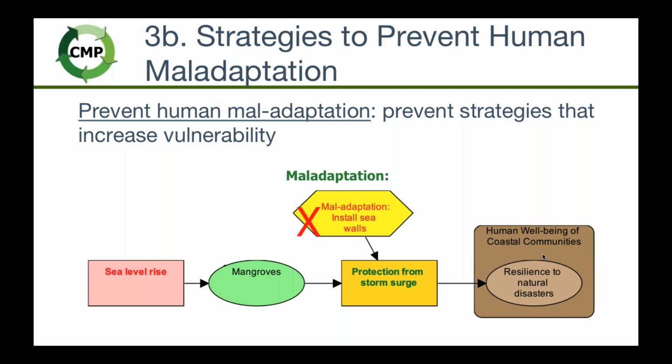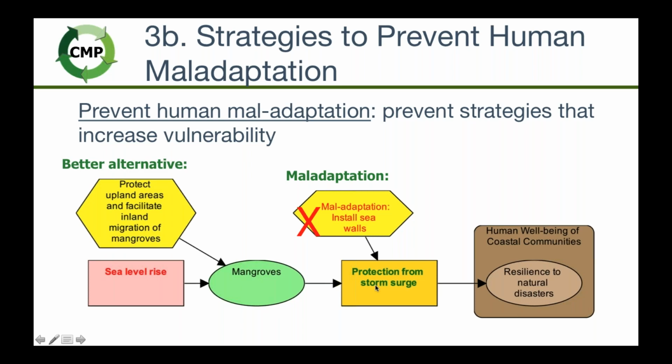So that's this example in the form of a conceptual model. If you want to protect communities from storm surge and help them to be resilient to natural disasters, then installing seawalls would be a maladaptive strategy.